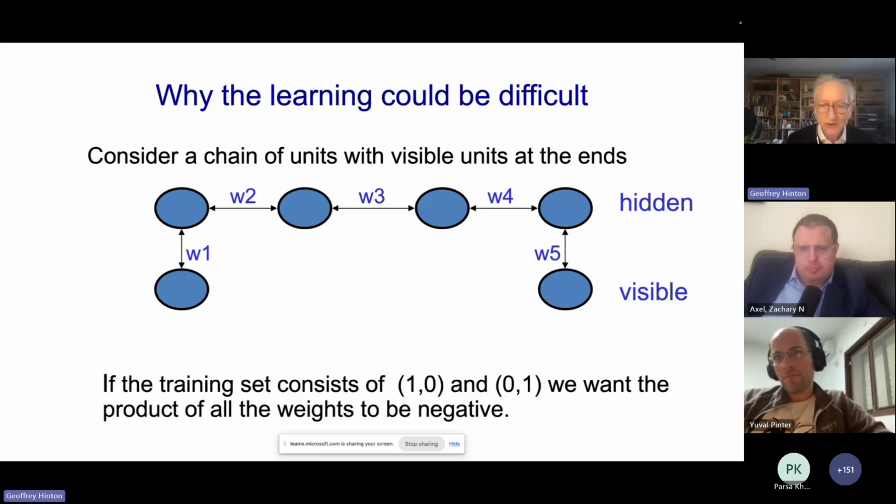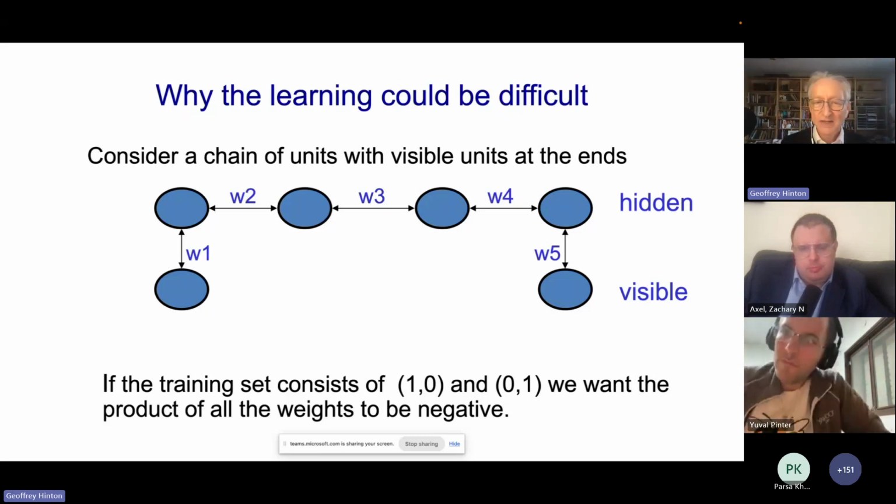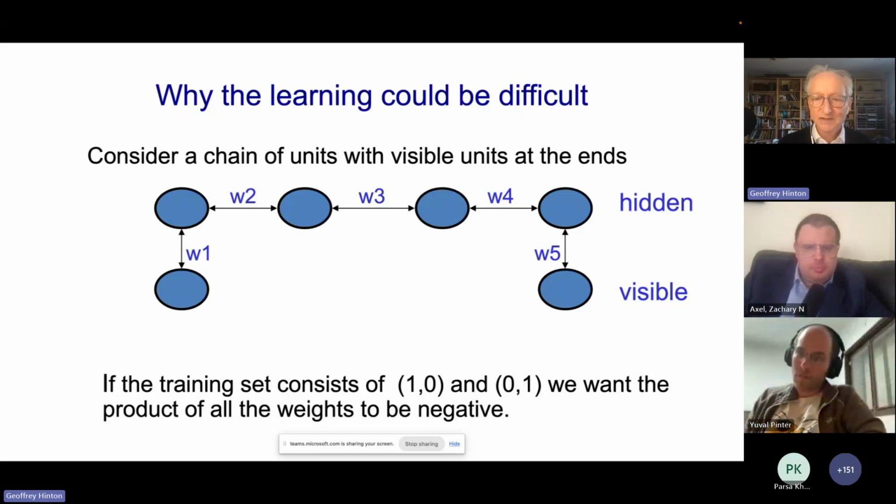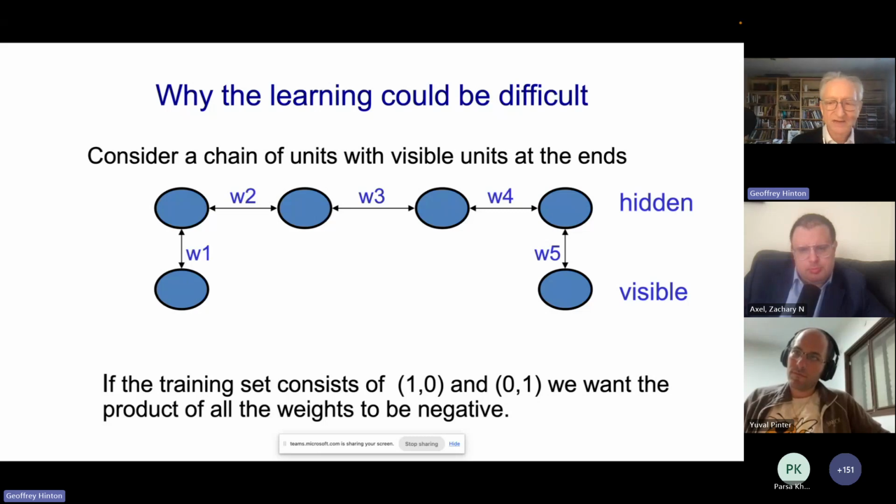If you just use intuitive common sense, it's obvious that you'd like that chain of weights that go from the first visible unit to the other visible unit, that chain of 5 weights, you'd like the products of all those weights to be negative. If the product of all those weights is negative, then turning the first unit on will tend to turn the second unit off, and vice versa. They're symmetric weights. So we know we want the product to be negative.